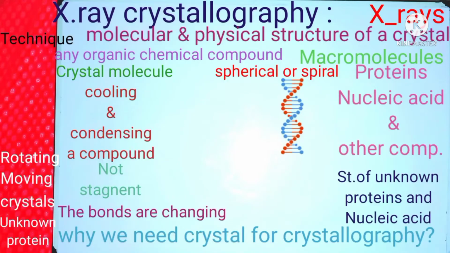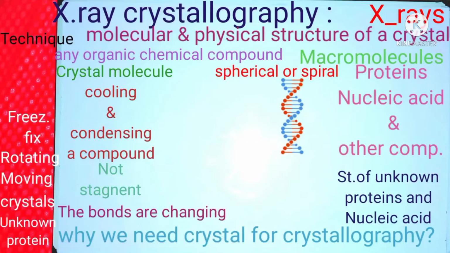They are changing over time, but it is very difficult for us to identify a molecular structure if all those bonds are changing, rotating and modifying. So the only and easy way to determine the structure is to make that whole molecule freeze, fixed at a point, so that we can achieve a crystal of the molecule.